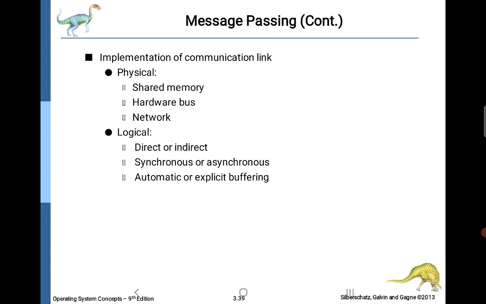If I'm saying physical, that means they share a memory or a hardware bus to transmit the data, and maybe network communication if these processes do not exist on the same computer. The logical part to define a link is about whether it is a direct link or an indirect link. That means, is it a link that directly links process A and process B, or will there be a mediator in between?